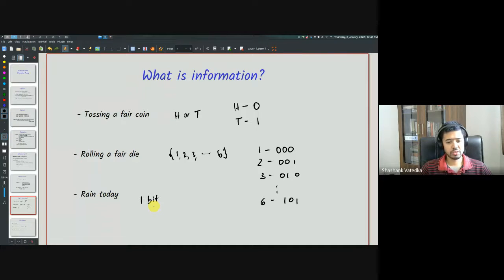So in some sense, if it's harder to guess the outcome of a particular event, then on getting the outcome you're getting more information out of it. Does that make sense? Any questions?